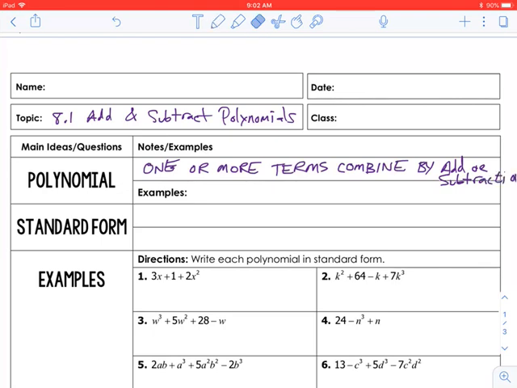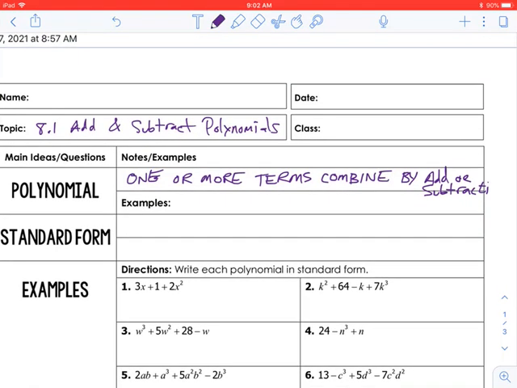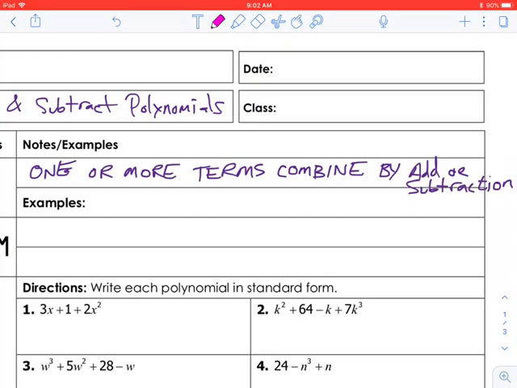Sorry, I kind of ran out of room there. Or subtraction. All right. So, for example, some polynomials we might have is like just 1, 2x.